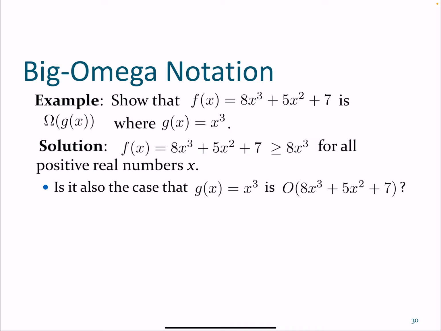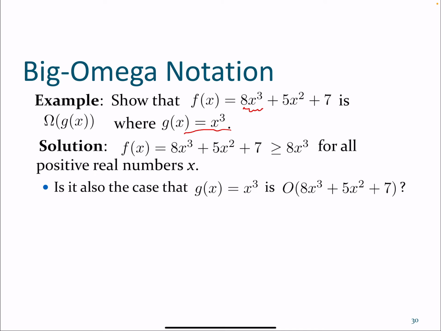Let's look at one example. For example, f(x) equals 8x to the third plus 5x squared plus 7 is big omega of g(x), where g(x) equals x squared. That means the growth of this function is at least as fast as x squared.